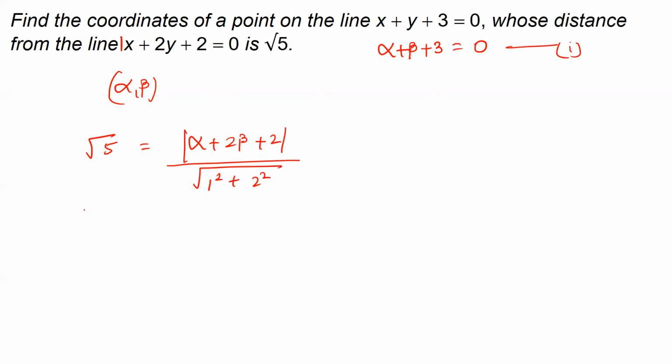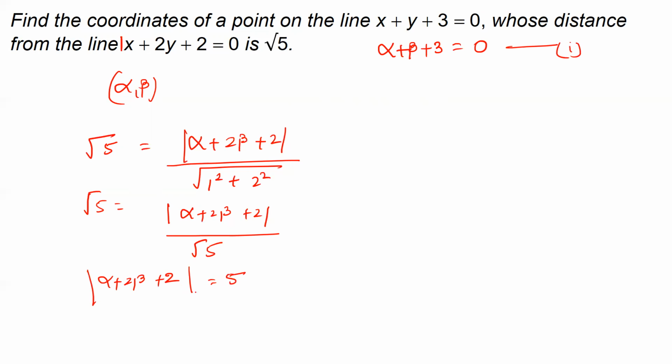So we get root 5 is equal to mod alpha plus 2 beta plus 2 divided by root 5. I can cross multiply and I get alpha plus 2 beta plus 2 inside modulus is equal to root 5 times root 5, which is actually 5. So we have two possibilities.